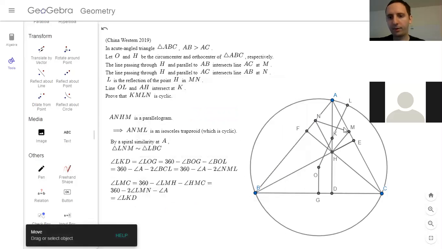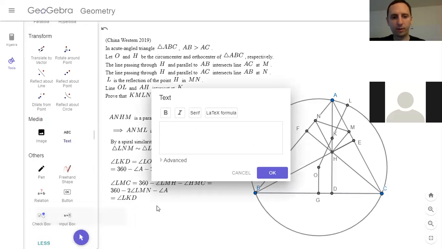So angle AML is 180 minus angle LMC, which is 180 minus angle LKD, which is angle LKA.